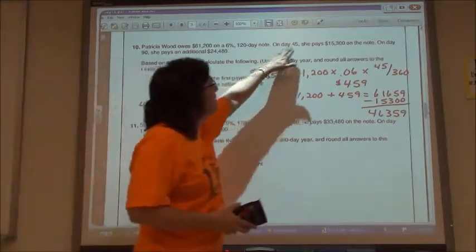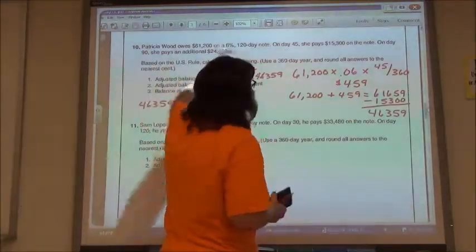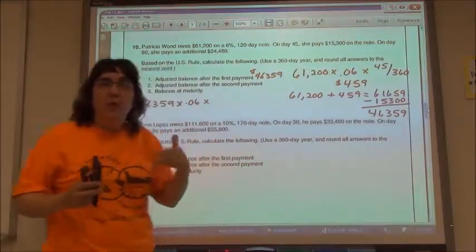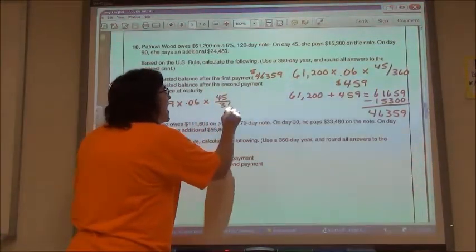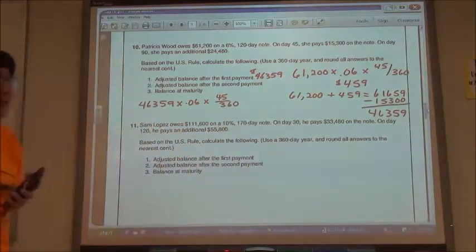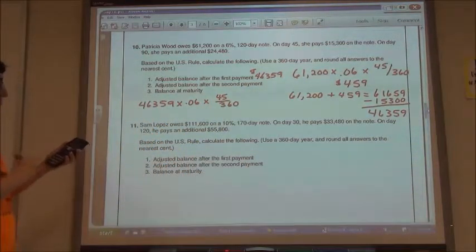Now, this was up to day 45, so if I take 90 minus 45, that's 45 more days, right? So for the next 45 days, I need to calculate the interest. So I'm going to take my $46,359 times 0.06 times 45 divided by 360.